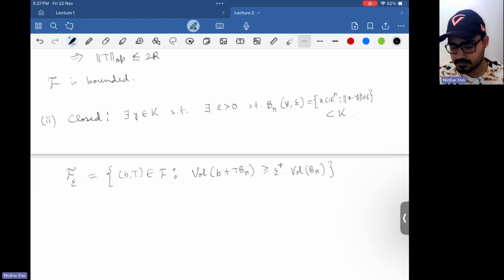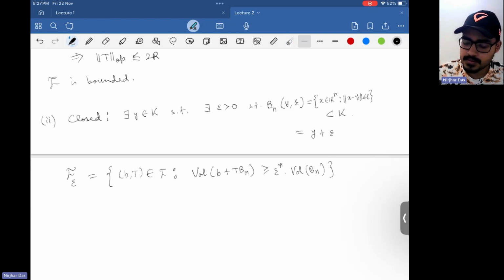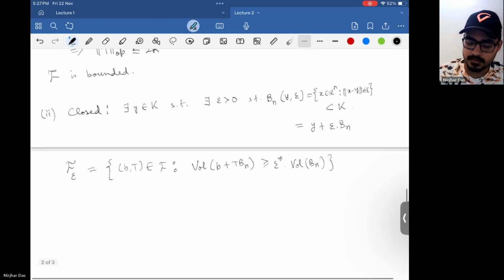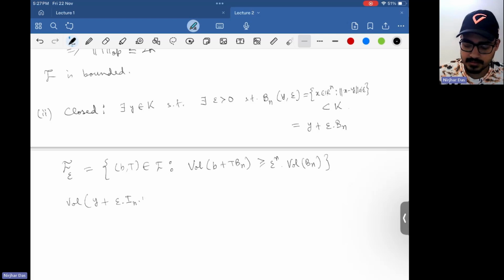So why write it this way? Note that this ball B(y, epsilon), the other way of writing this ball is the same as y plus epsilon times Bn. And what is the volume of this ellipsoid? The volume of y plus epsilon Bn, and epsilon Bn is nothing but epsilon I_n times Bn, where I_n is the identity matrix.